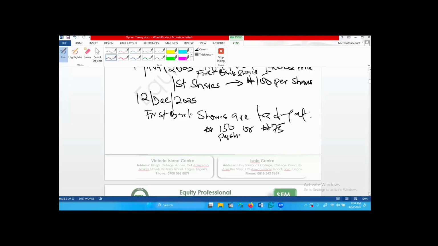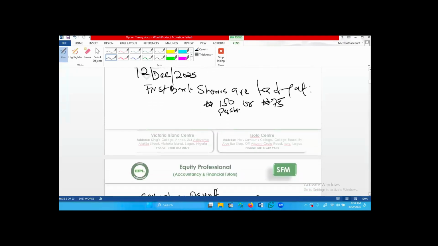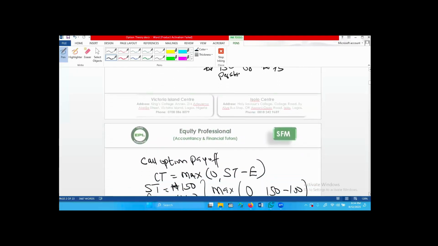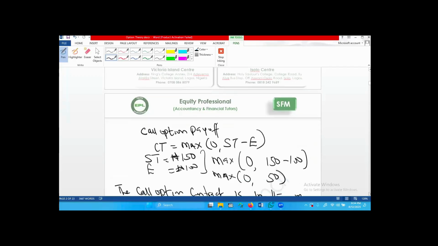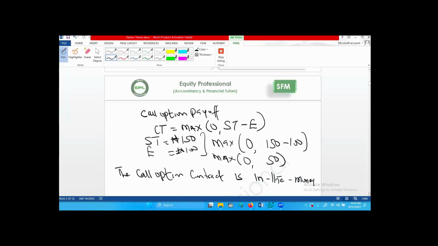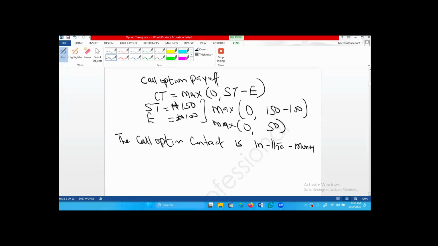You can demonstrate this with the formula for call option payoff. Look at this.